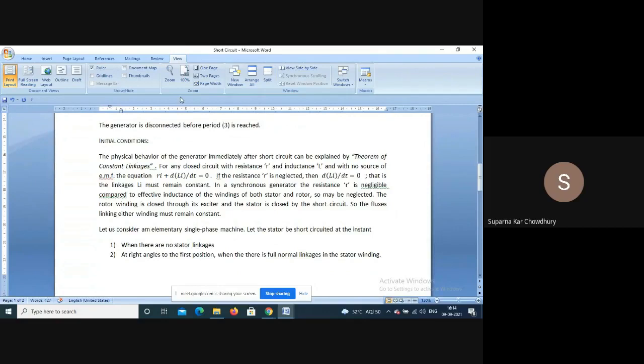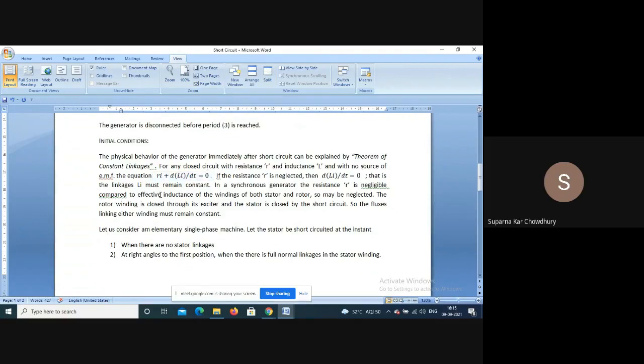That can mainly be explained by the theorem of constant flux linkage. In an RL network, if there is no source, then Ri plus d(Li)/dt is equal to 0. Li is the flux linkage, and because it is short circuit, there is no source.